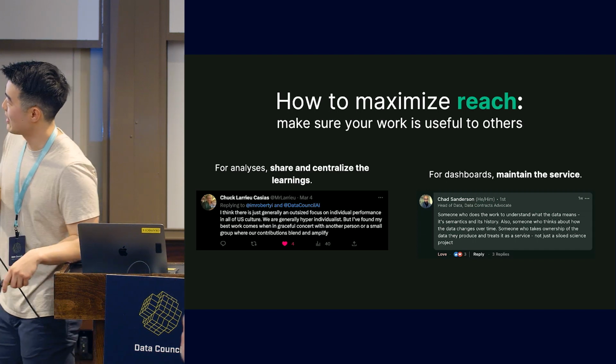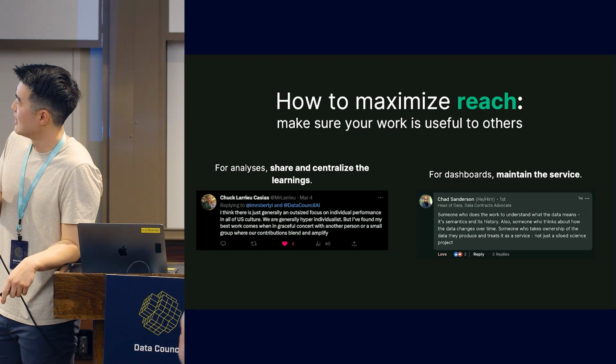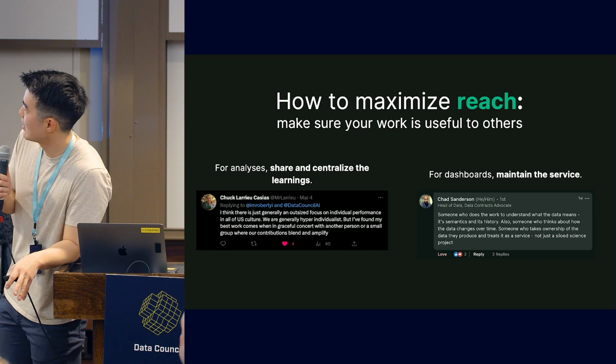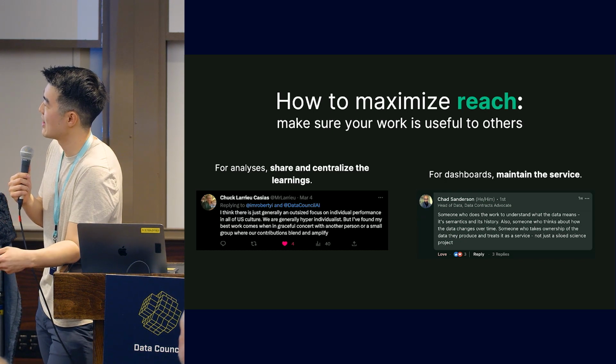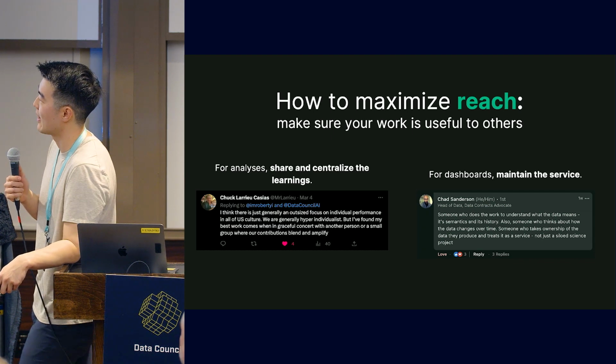I want to point this out because I really love this Chuck Cassius tweet where he says, I think there's generally an outsized focus on individual performance in all of US culture. I found that my best work is done in graceful concert with another person or a small group where our contributions blend and amplify.